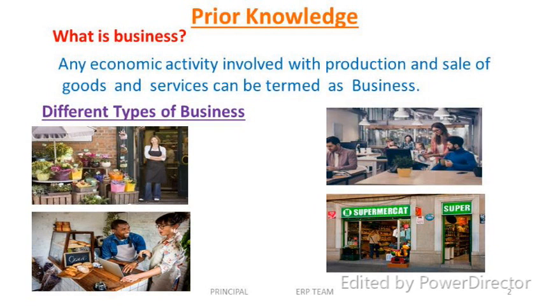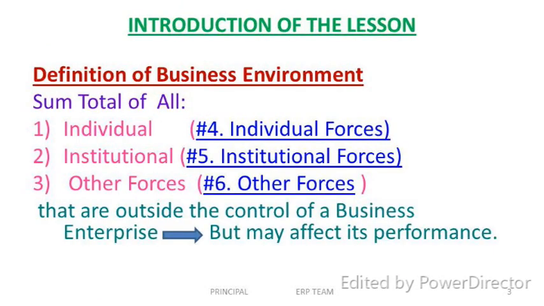So it is very important to understand the environment we are doing the business in to be successful in our business. To define business environment, we can say that it refers to the sum total of all individual, institutional, and other forces that lie outside the control of business enterprise but may influence its functioning and performance.